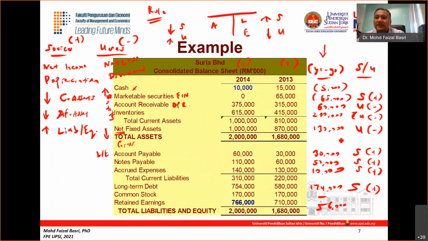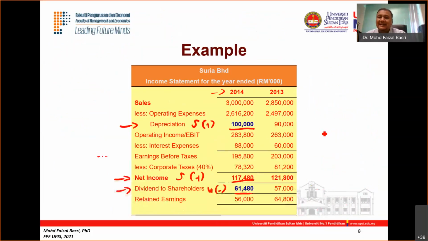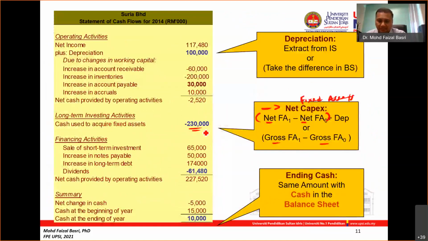Don't take negative 130,000 and then add depreciation of 100,000 and end up with 30,000. No. You add the values, 130,000 plus 100,000, and the sign you base on the difference. Then you get a negative 230,000 for the investing activity.